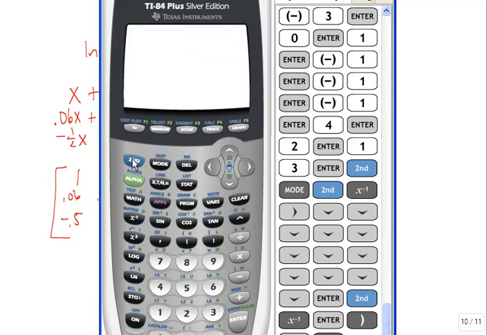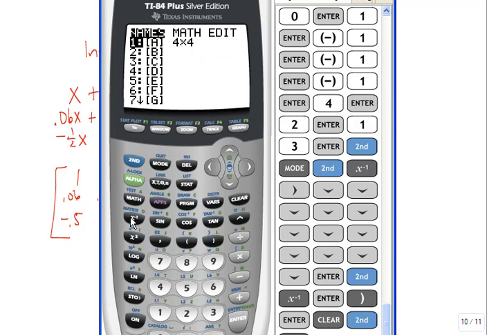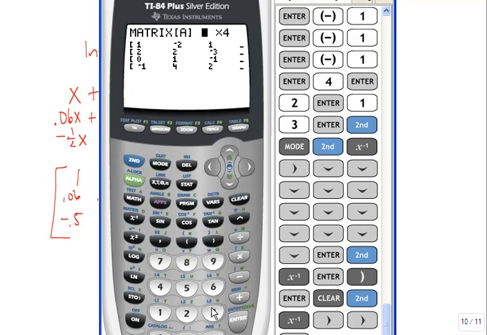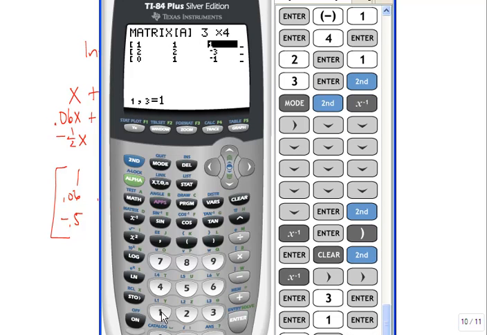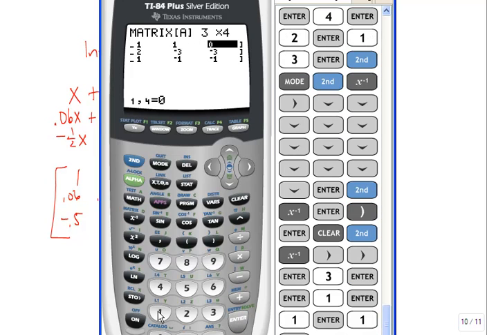So clear this out, and then let's go to matrix, and I'm going to edit, and I want it to be a 3 by 4 matrix, and I want 1, 1, 1, 10,000.